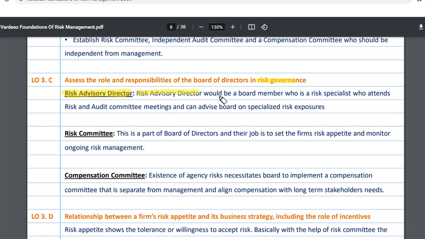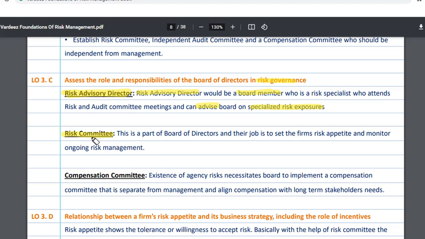This person would be a board member himself, a risk specialist who attends risk and audit committee meetings and can advise the board on specialized risk exposure, because he has the knowledge about risk management. So he is part of the board, and he can advise the board on risk issues.